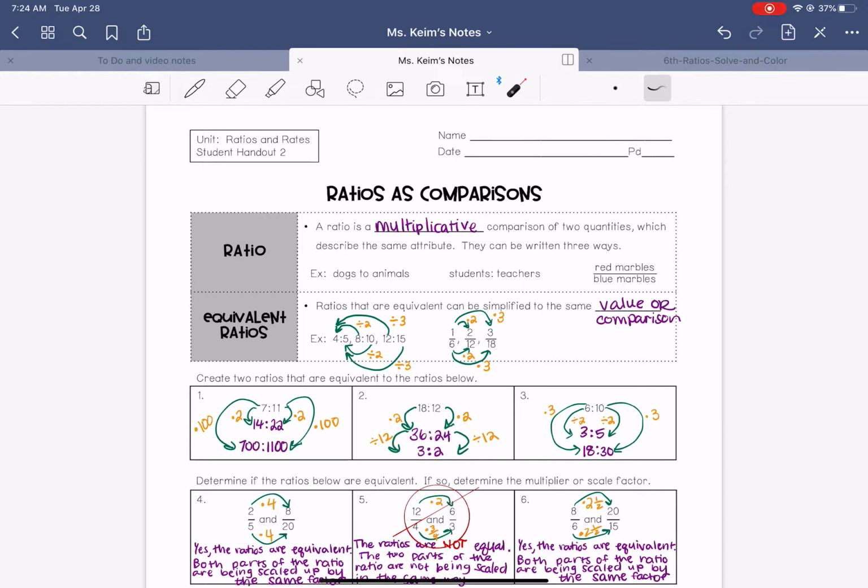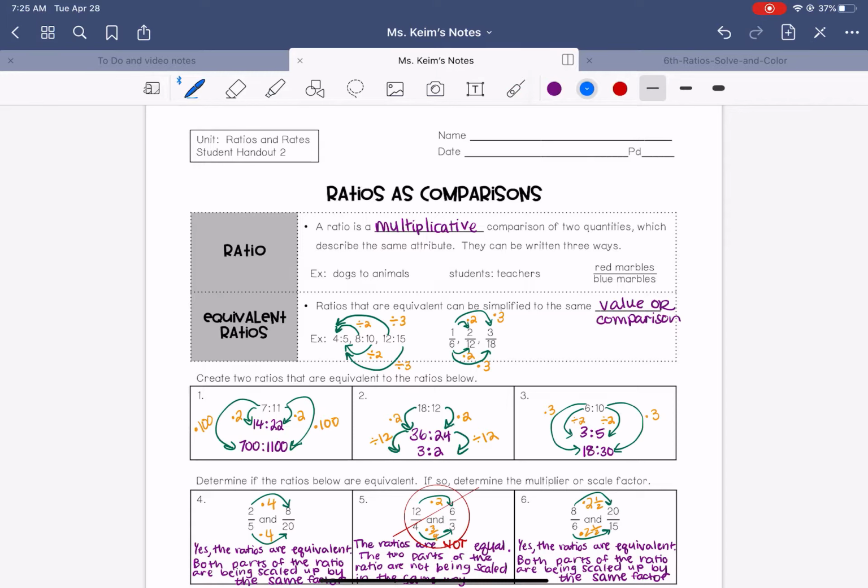Here's the difference. Anytime you're working with ratios written as a fraction, you need to look at the situation and determine, is this representing a part compared to a part or a part compared to a whole? Because the fractions you've worked with up until this year have always represented a part out of a whole. When we're dealing with ratios, which are a comparison of values, it's important to look at the situation, because this isn't red marbles out of total marbles, it's red marbles compared to blue marbles.